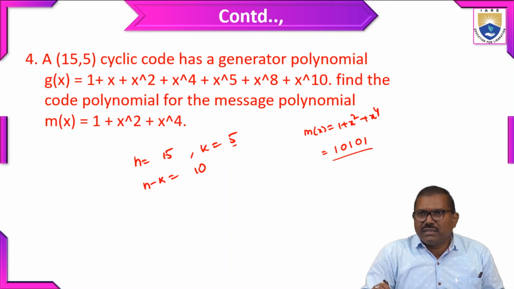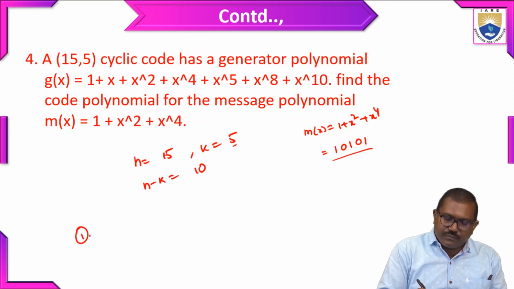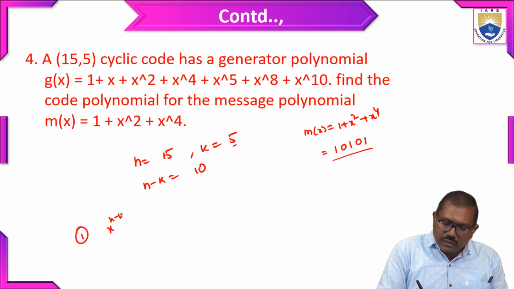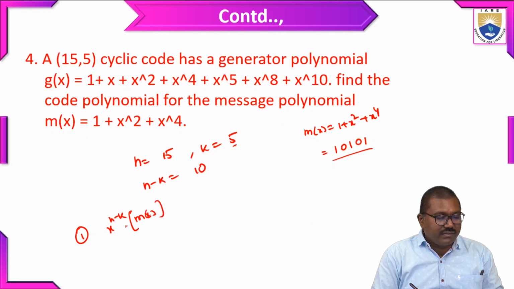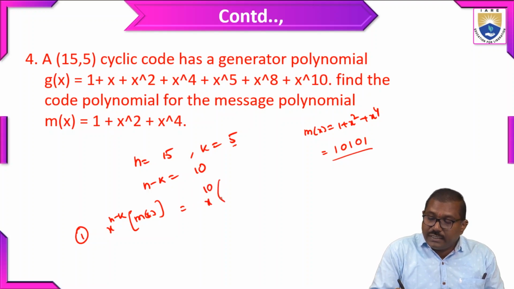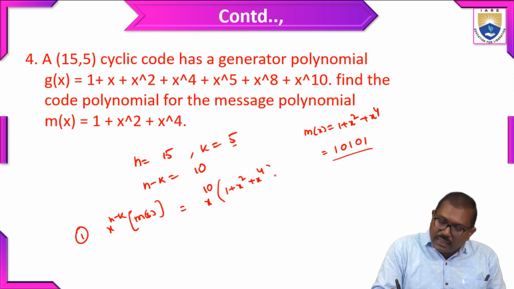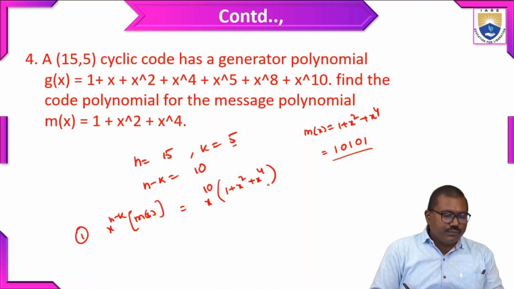Now we have to multiply x power n minus k into m of x. So the first step: x power n minus k into m of x. So what is x power n minus k? x to the power of 10 into m of x, 1 plus x square plus x to the power of 4.